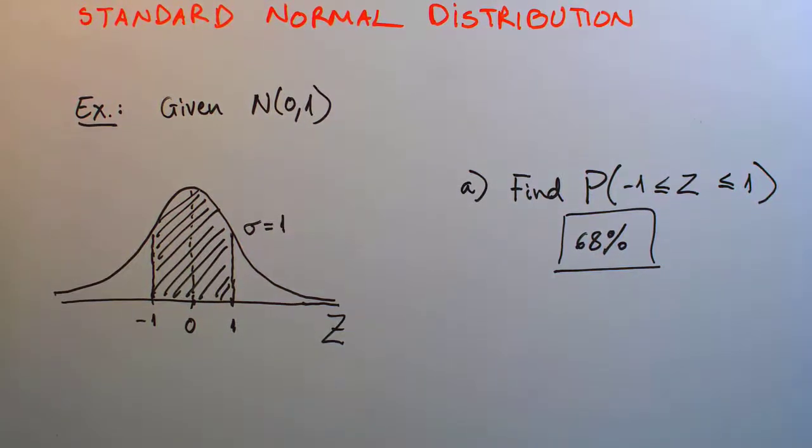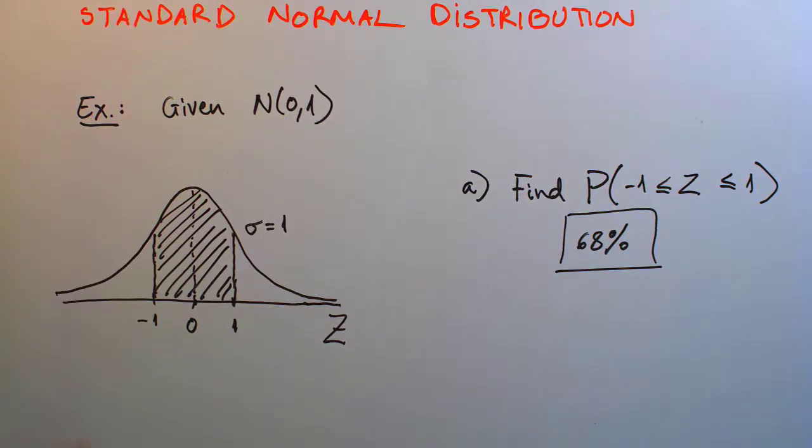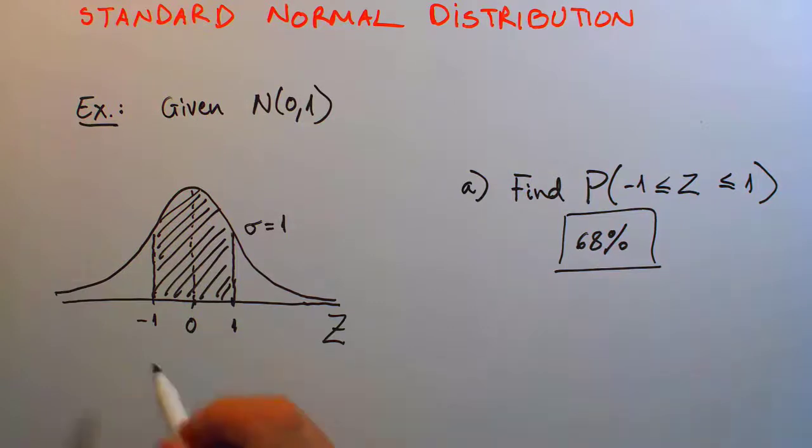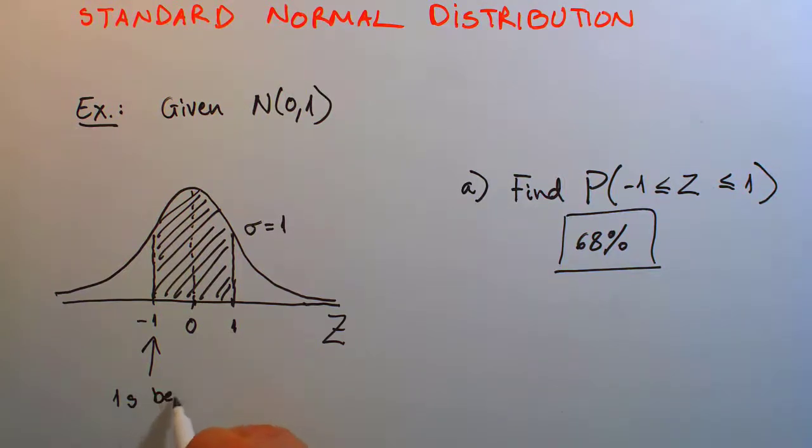So how did that happen? Well, once again, z-score -1 represents this point here on the left, 1 standard deviation below the mean.